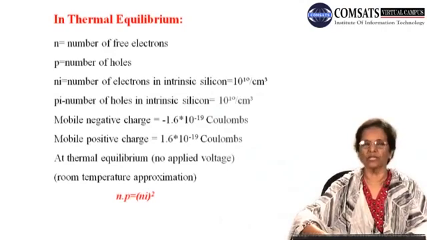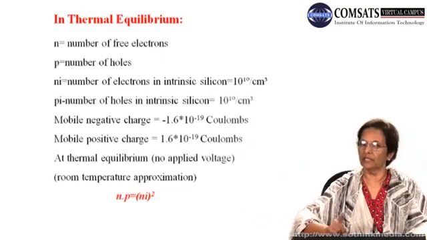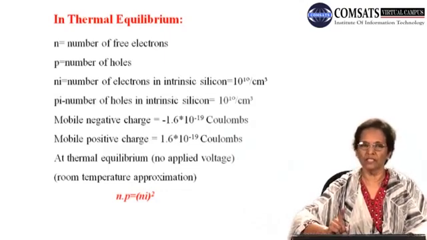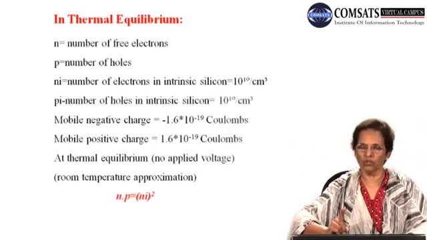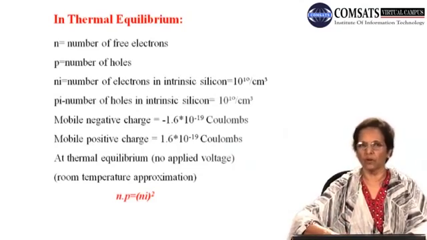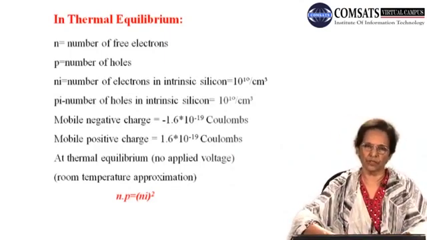Ni is the number of electrons in the intrinsic silicon material, whose value at room temperature is 10 to the power 10. Let me emphasize once again, this value 10 to the power 10 for silicon holds good only for room temperature. If you increase the temperature, this value will no longer be the same, it will be some other value at higher temperature.